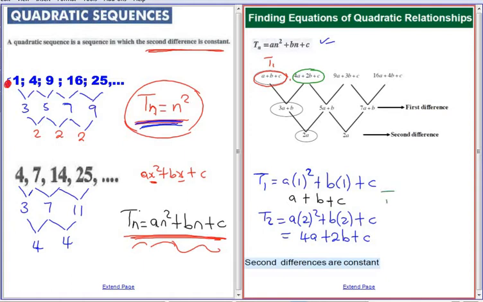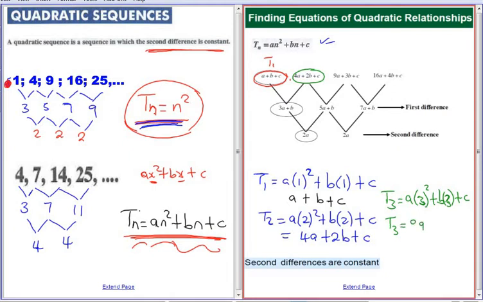Well, just for the love of it, let's do T3 now. I think you're getting the hang of it. So it's A, and then you put 3 squared plus B, and then you put 3, and then we say plus C. As you can see, if I want to express T3 in terms of A, B, and C, it will be like this.